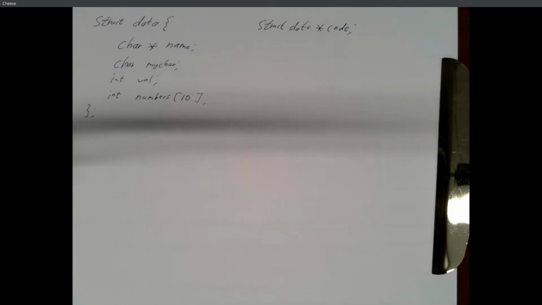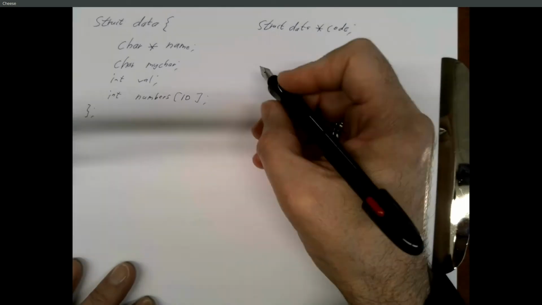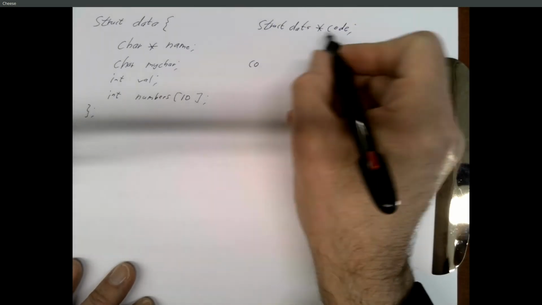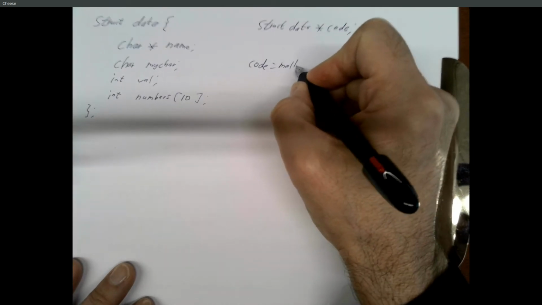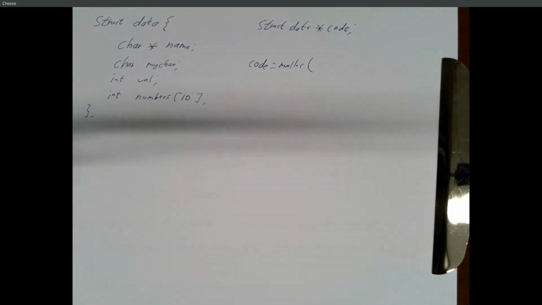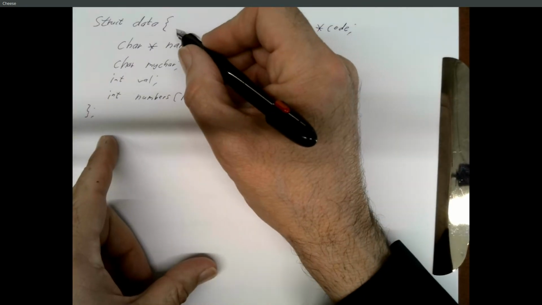And then a malloc statement to have code point to a block of memory large enough to hold a struct data. So this is just our usual initialization we would do after a declaration. Code equals malloc. And you need to tell it how many bytes you want to allocate. And I asked you to use sizeof because that's the only way to know how big this structure actually is.